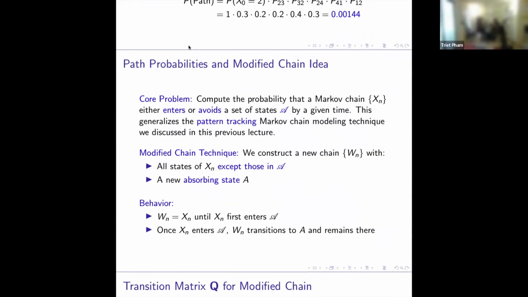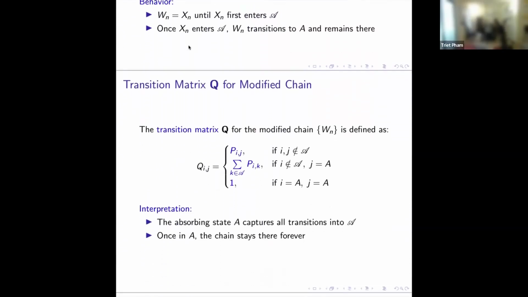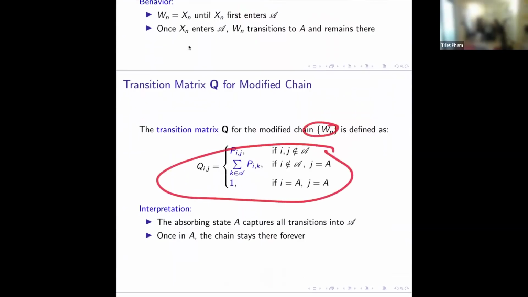We call that set of states script A. The technique is to use a modified chain, which we call W. It keeps the same states as X that are outside of the class A, and anything inside class A we lump together into an absorbing state called A, for absorbing. The transition matrix for W is as follows.